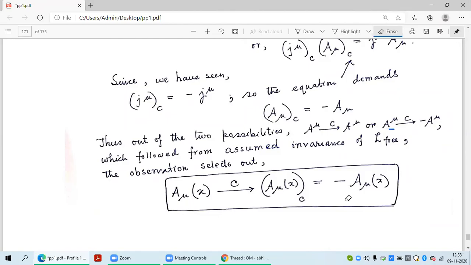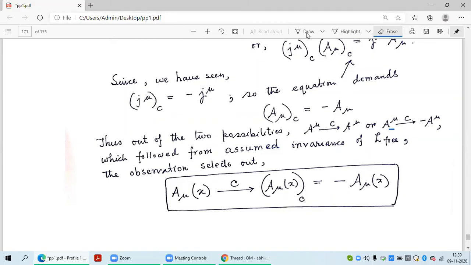So we can say the photon is represented by an electromagnetic field which interacts with other charges and currents in such a way that the field under charge conjugation transforms this way. Okay. So this is a trivial transformation, just multiplying by a minus sign without changing the structure of anything, without changing real to complex. So that internal structure is intact.